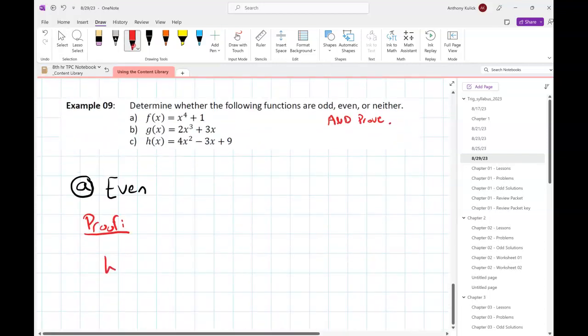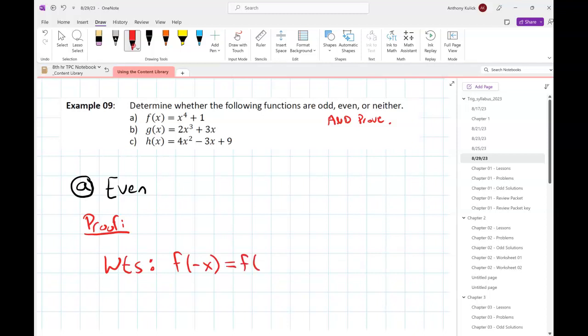So the first thing I'd want to do is state what I want to show. So WTS, which is just short for want to show. I'm just going to remind myself what it is I'm trying to do here. So I want to show that f of negative x is equal to f of x.